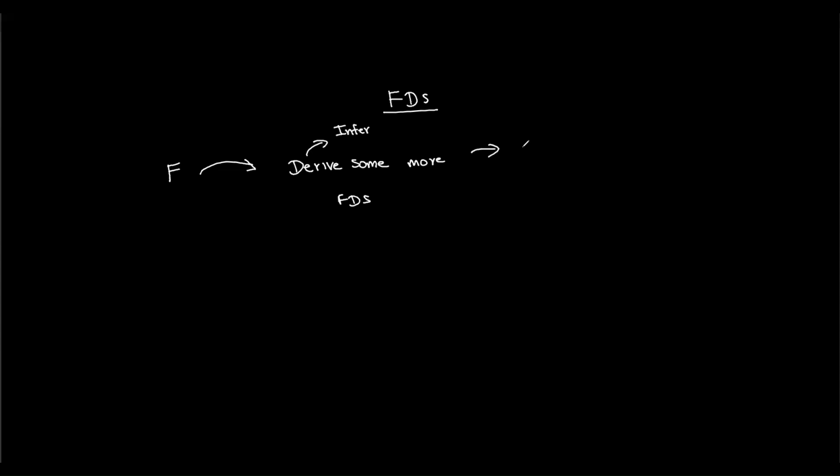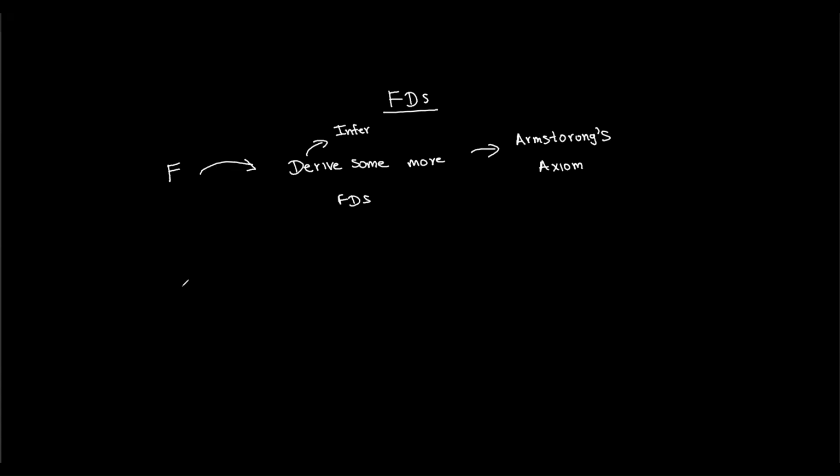For that, you use an inference rule. In this case, we are using Armstrong's axioms because they are sound and complete. Perfectly correct, perfectly complete. So that's why we are applying Armstrong's axioms, and you will infer some more FDs.